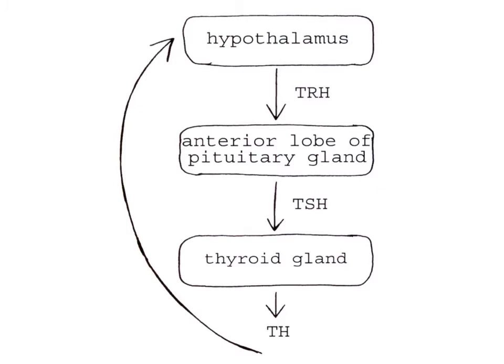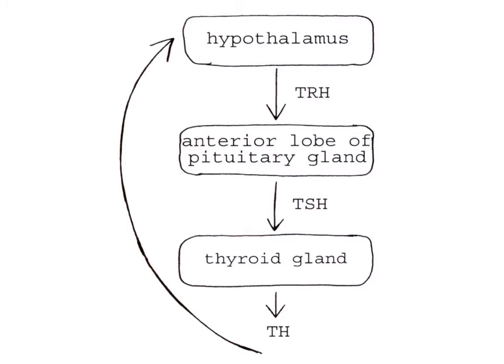As we know, the hypothalamus is able to detect the levels of thyroid hormone in the blood that is passing through it. So when the levels of thyroid hormone in the blood are increased, this will also be detected by the hypothalamus. This will cause the hypothalamus to secrete less TRH, less thyrotrophin releasing hormone.